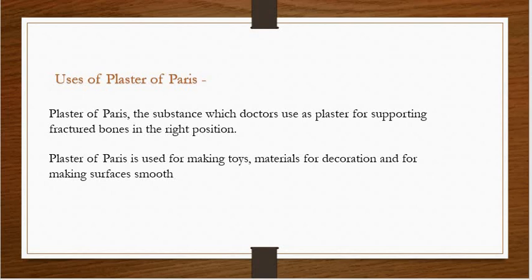It is also used in chemistry laboratories for sealing air gaps in apparatus where an airtight arrangement is required. And it is also used in cheap ornaments, cosmetics, blackboard chalk and casts for statues.